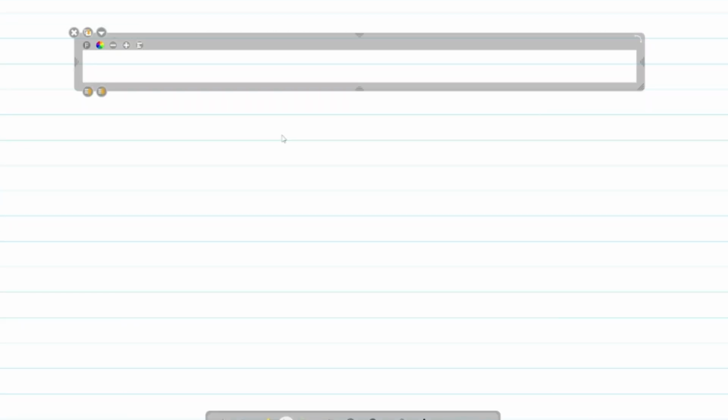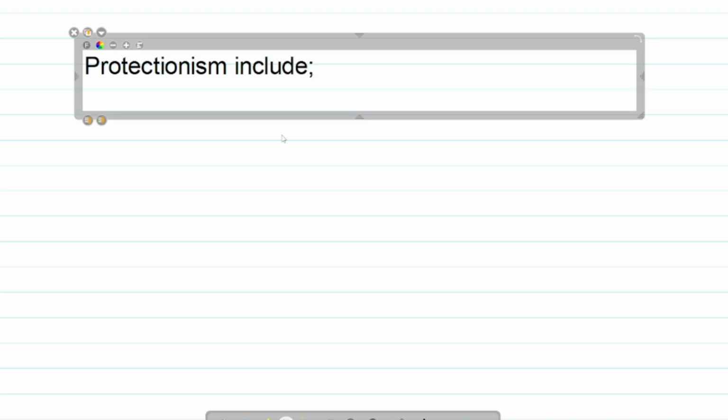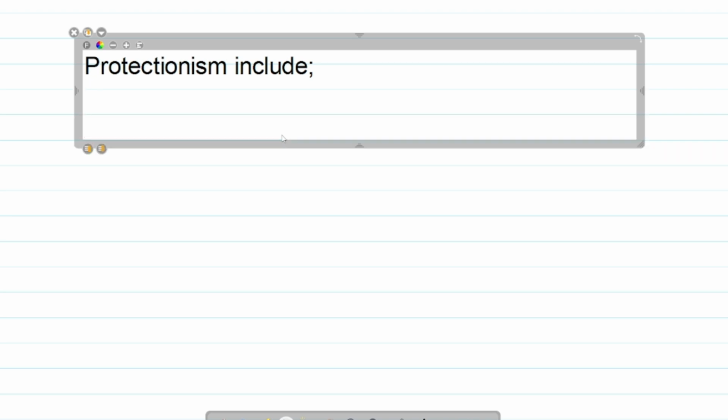So first of all, what are the methods of protectionism? Protectionism, if we define it, these are the methods that are used by the government to protect local industry from international competition. So this is the basic definition of protectionism. You can write this definition. I'm repeating for you.